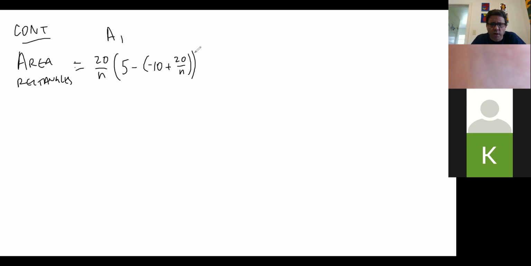Catch me if I'm doing it wrong. I don't think I will. So that's that. The second area will be the width, that's that, times the second height, which is 5 minus negative 10 plus 2 copies.